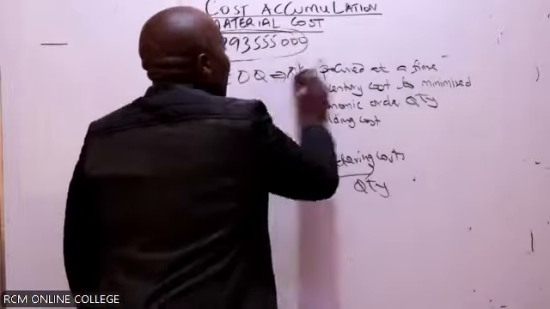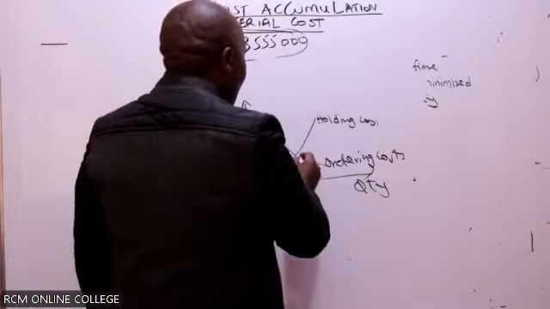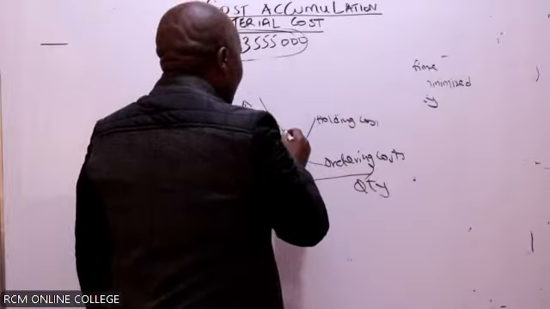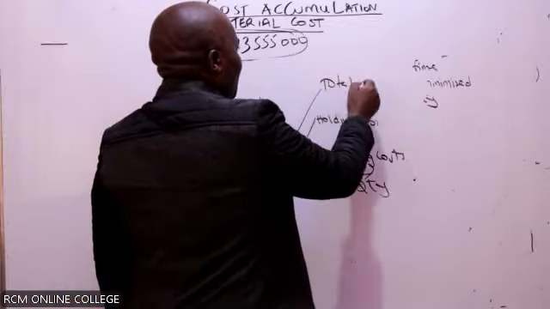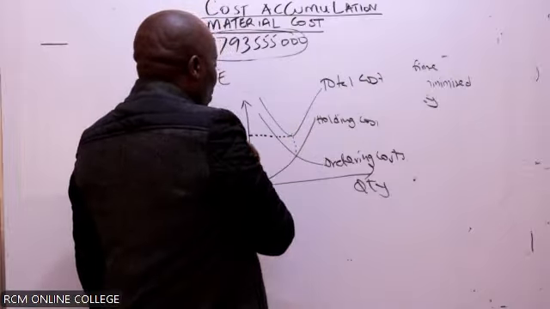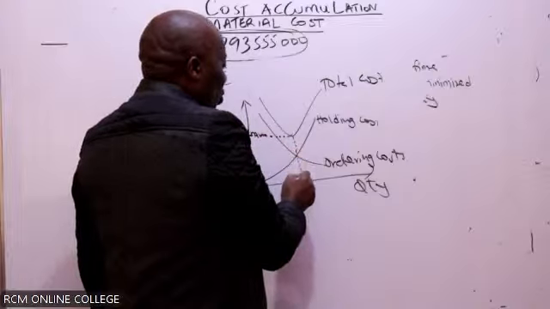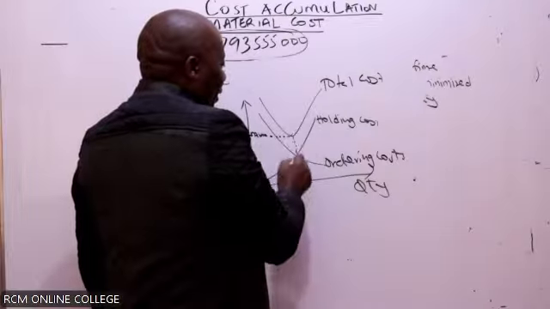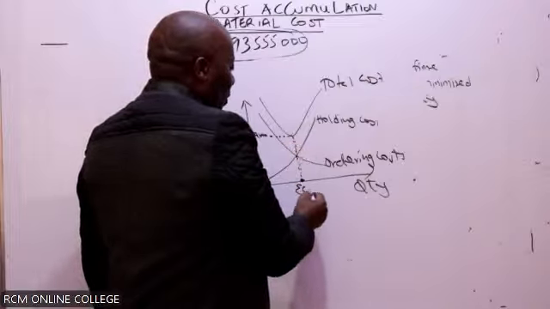Ladies and gentlemen, I would want us to draw this. So this is what we call total cost. And you can see the total cost is minimum at the point where these two are equal. So minimum cost translates to what we call economic order quantity.